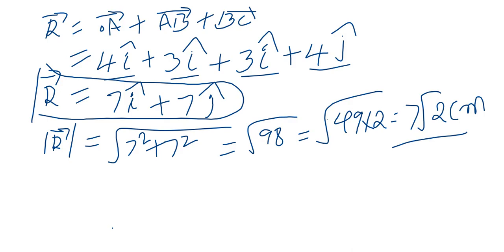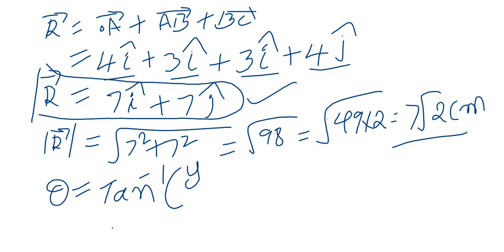Next one is its angle. The vector is 7i cap plus 7j cap. So theta is equal to tan inverse of y by x.